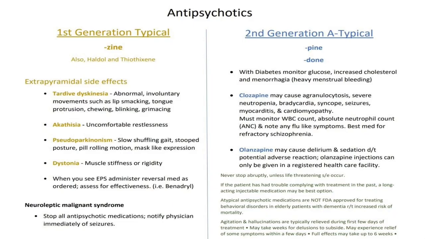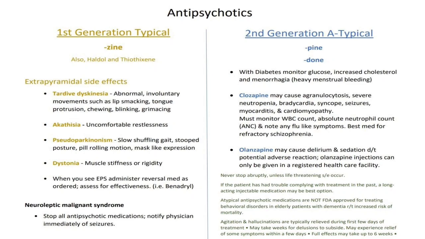So we need to make sure that we have a white blood cell count before giving this medication, and occasionally while taking the medication, the white blood cell count needs to be checked, along with an absolute neutrophil count. Olanzapine may cause delirium and sedation due to potential adverse reactions.